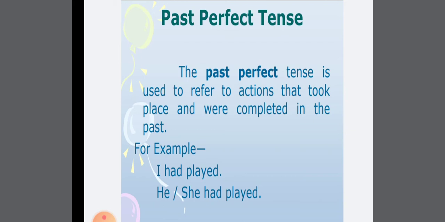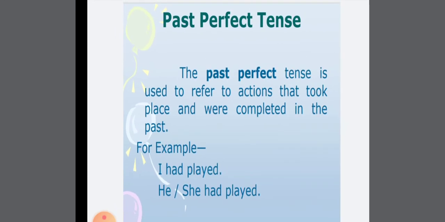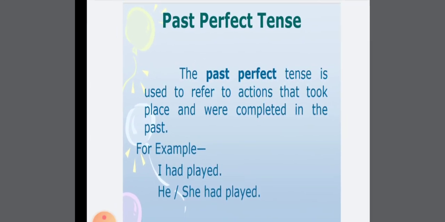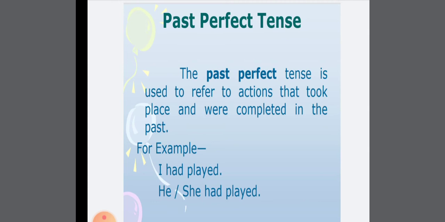When two actions of the past are referred to, this is not a simultaneous action; they are denoted with before or after. So in that case the action which was the earlier past will be past perfect and the latter past will be simple past.